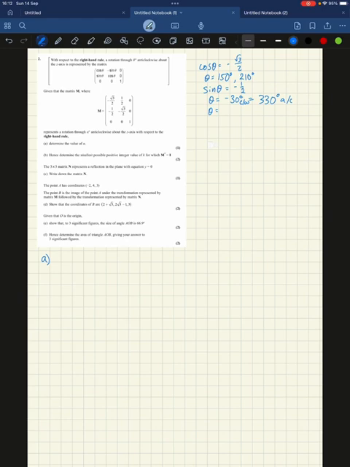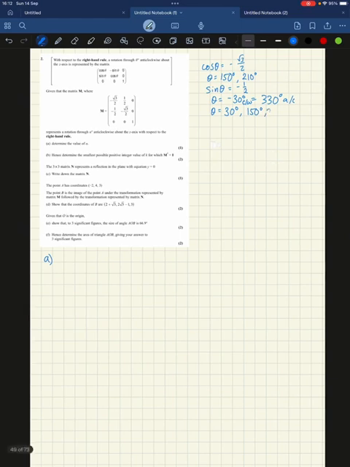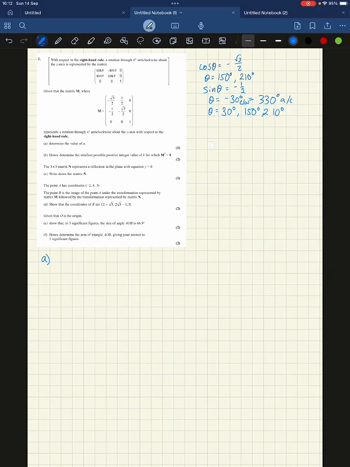So theta is 360 minus 330, which is 30 degrees. Sine theta is sine of 180 minus theta as well. So that's 150. And then if we do 360 minus theta again, we get 210. So 210 is the matching one, and also 150.